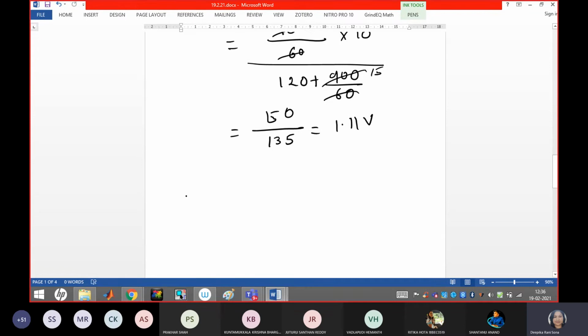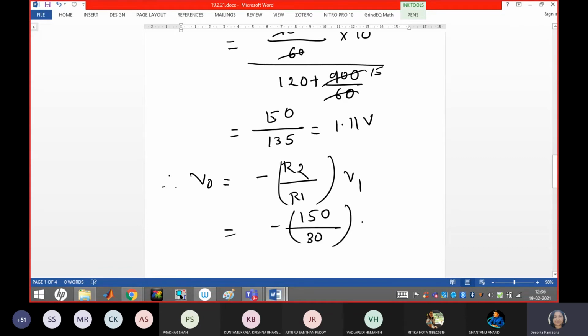Now we got the V1. Then what is the V naught from here? It is minus of R2 by R1 into V1. So how much is it? Minus of 150 by R1, R1 is 30 kilo ohm, into 1.11 volt. What is the answer? Minus of 5.55 volt. Is it so?